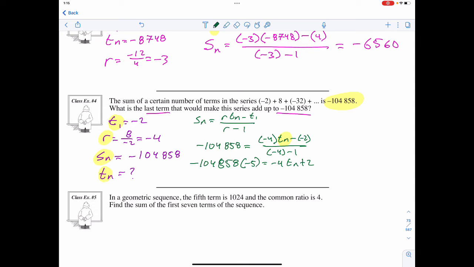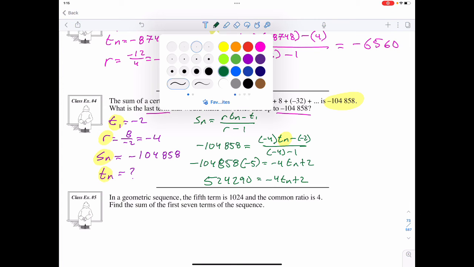When I solve this on the left-hand side, I'm going to get positive 524,290 is equal to -4 Tn's plus 2. And at this rate, the process is pretty simple.